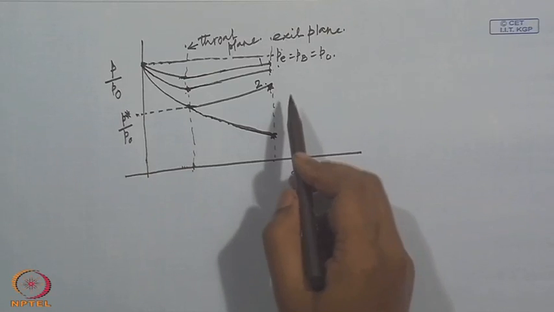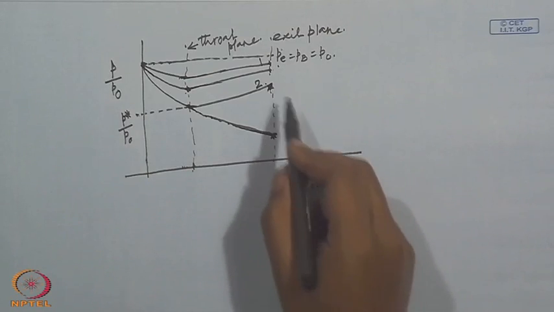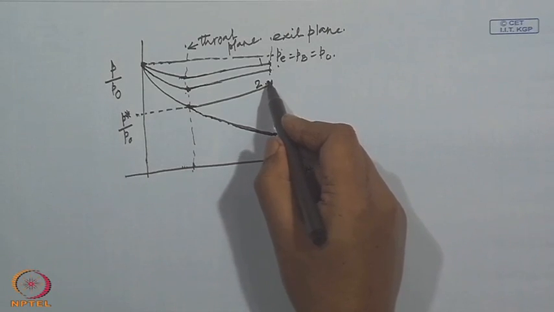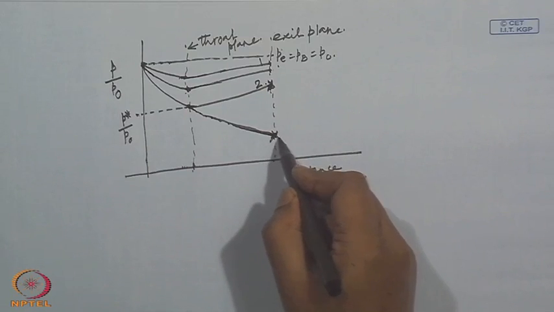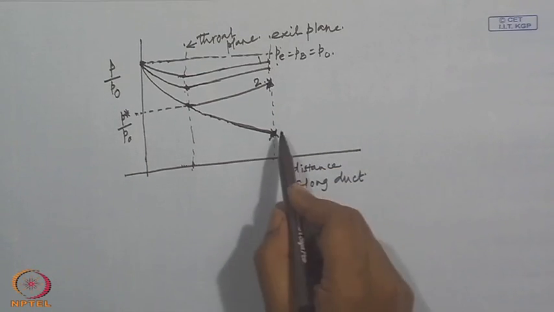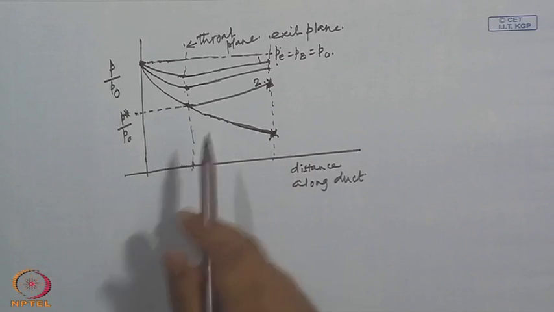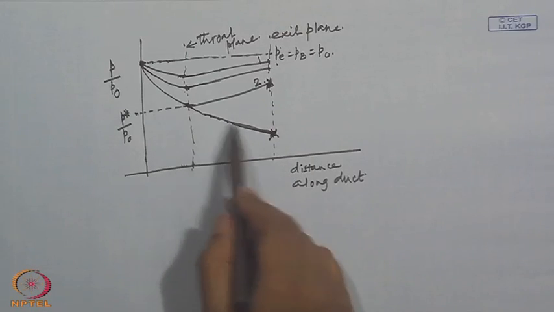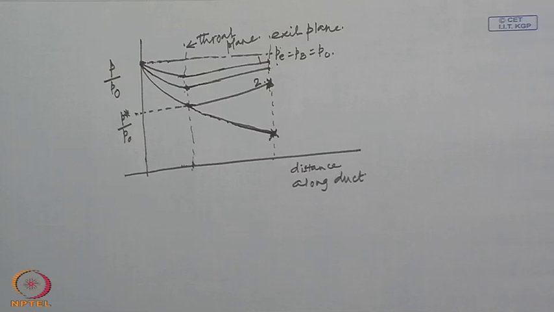Now, what happens if the back pressure is something between this and this? Then the flow in the diverging part is not fully isentropic.